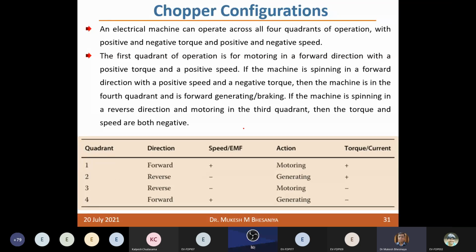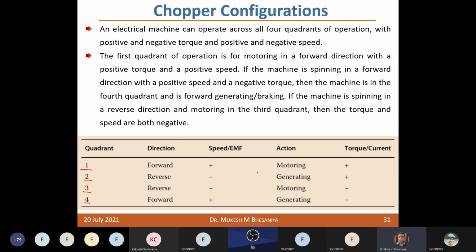As one of the faculty asked about the different types of configurations, as I already mentioned, based on the mode of operation you will have a different DC-DC converter or chopper configuration. Generally we have mainly 4 types of these operations. Here you can see this is the first quadrant operation, this is the second quadrant operation, third quadrant operation, and fourth quadrant operation.